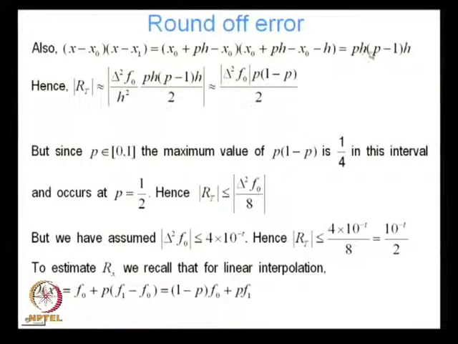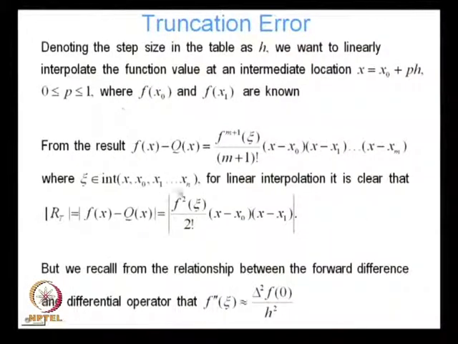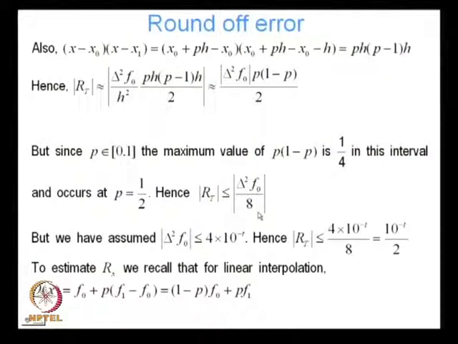So that is equal to ph into p minus 1 times h. Therefore, after replacing this thing by that thing, I get that my truncation error is approximately equal to this times p into 1 minus p by 2.